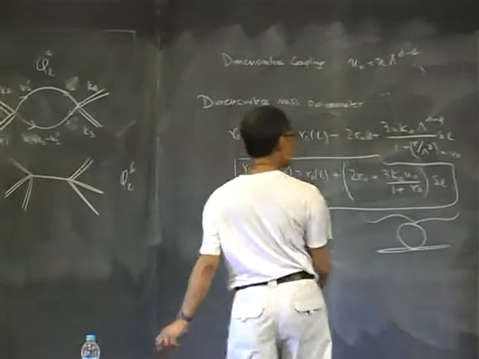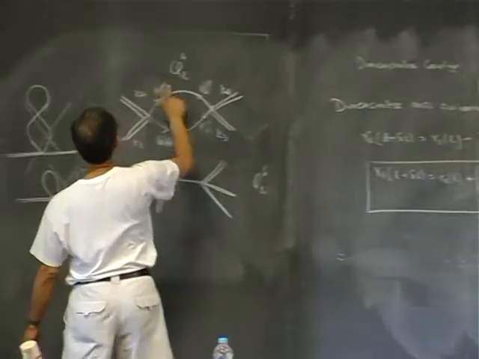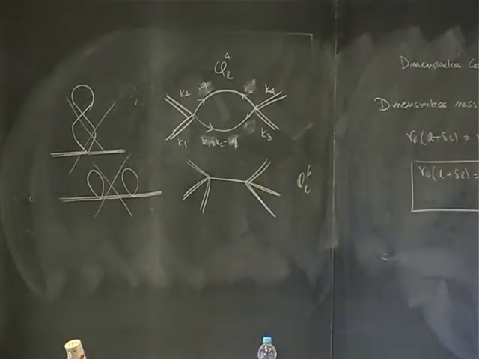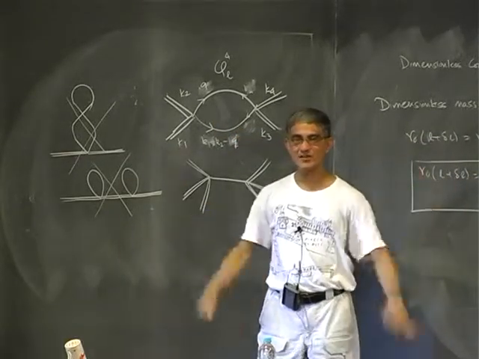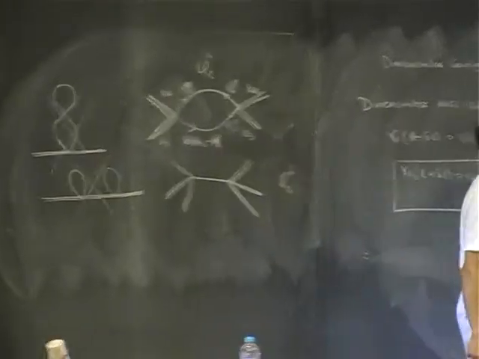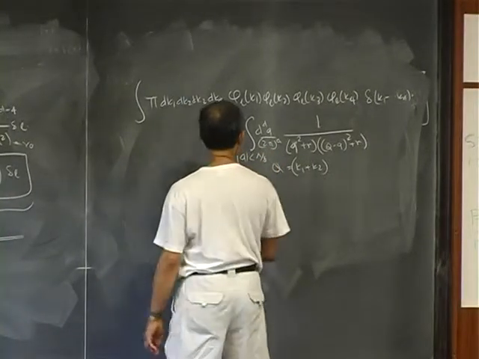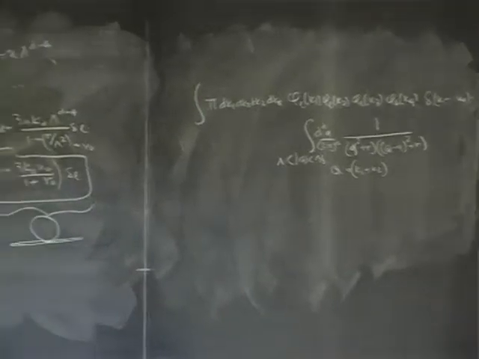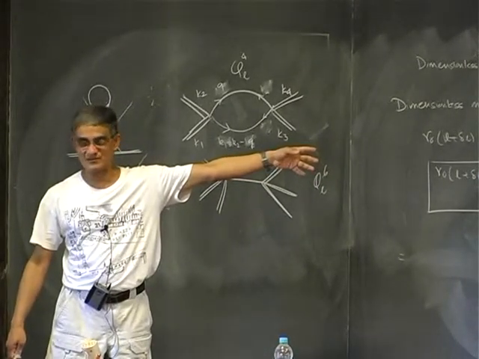Each factor is a 2-point function, and you have joined them together and done the integral. The magnitude of q in this integral lies between lambda upon b and lambda. And this answer explicitly depends on the value of k1 plus k2, which is the same as the value of minus k3 plus k4.